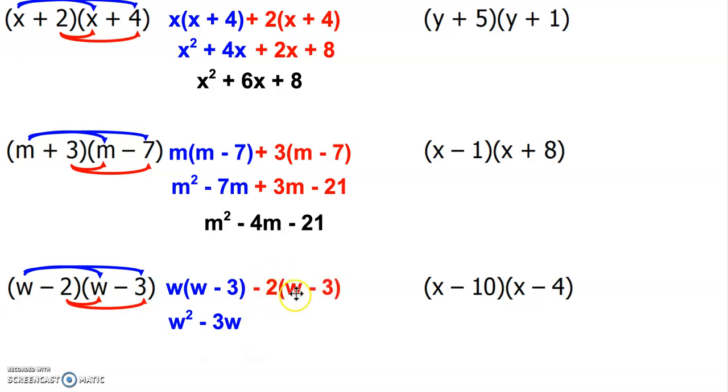So I have negative 2 times w, which is a negative 2w. And I have negative 2 times a negative 3, which is a positive 6. Once again, I notice those middle terms can combine because they both have a w with the same exponent. So negative 3 minus 2 becomes a negative 5w. So my final expression is w squared minus 5w plus 6. The three on the right are on your own.